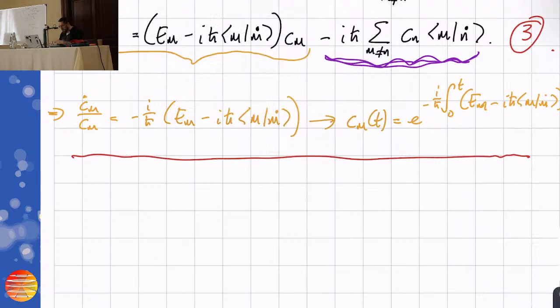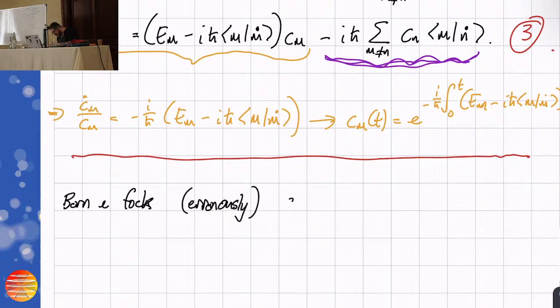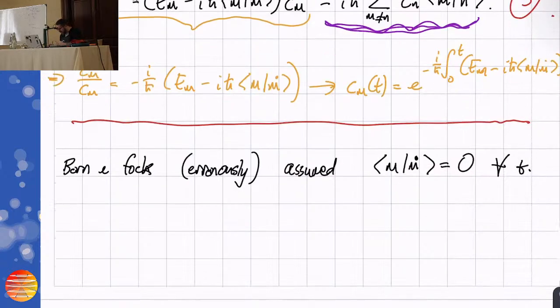So if I were able to neglect that last term, the term that involves the <m|n dot> inner product, and I can just solve my simple Schrödinger equation, what I'm left with here, and in fact, if you look at the derivation by Born and Fock, they erroneously assumed that this slightly weird term, <m|m dot>, was equal to 0 for all times. But that's not actually the case.